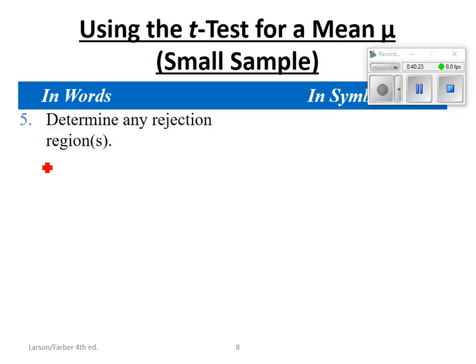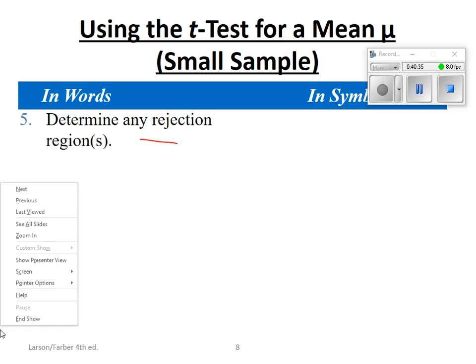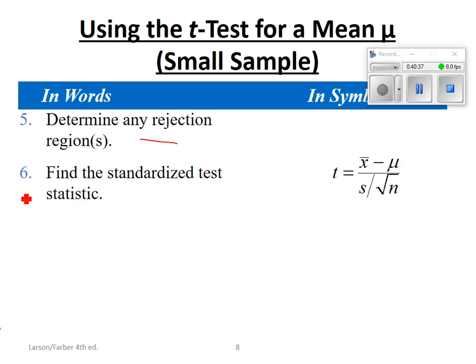The next thing, determine the rejection regions. So just determine the rejection regions, that's step 5. Region or regions, and that's what we were talking about with the graph. Number 6, find your test statistic. We're going to find the test statistic by using that formula.